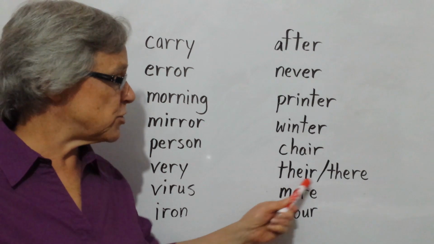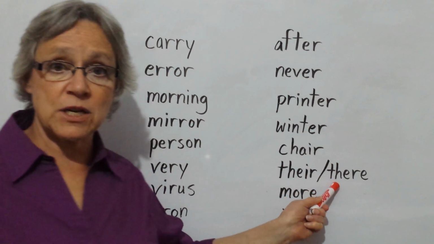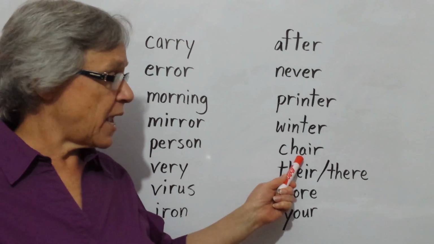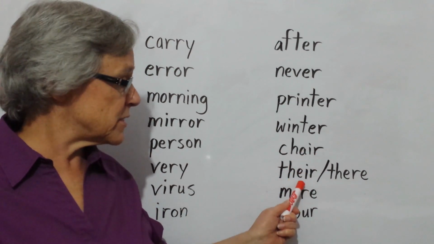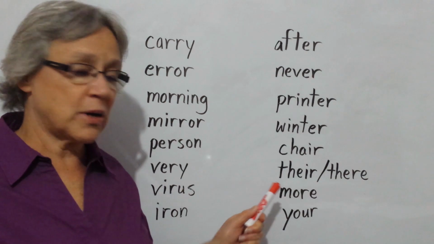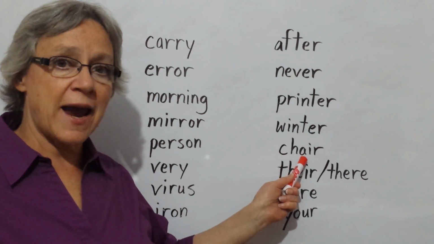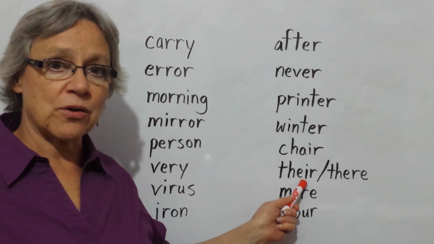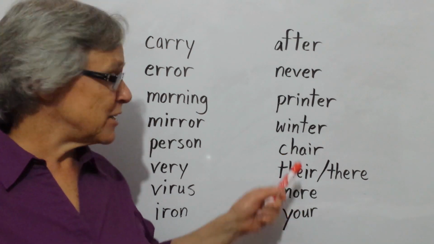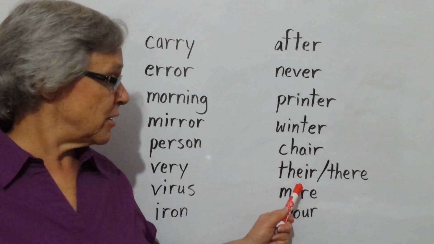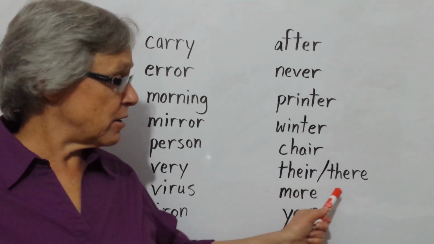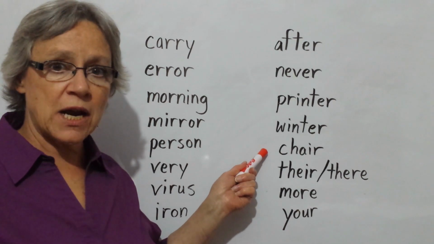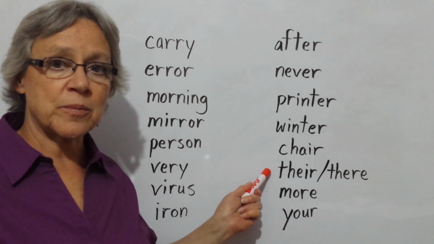there. I put these two words together because they have the same pronunciation. And I put them next to chair because the ending, the air sound is the same. Okay? Chair, air, there, air. So notice air is spelled here A-I-R, here E-I-R, and here E-R-E. They all have the same ending. Chair, there.